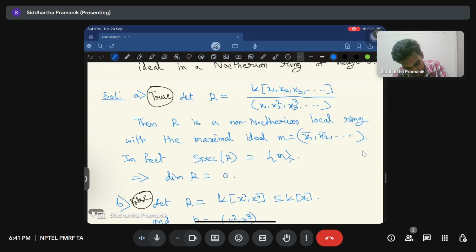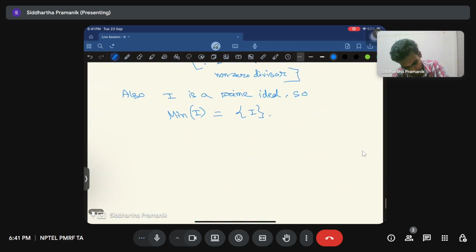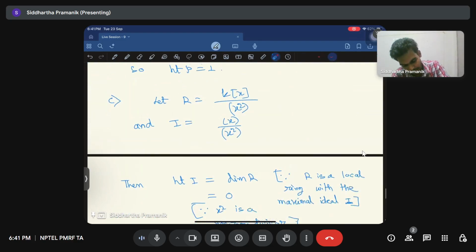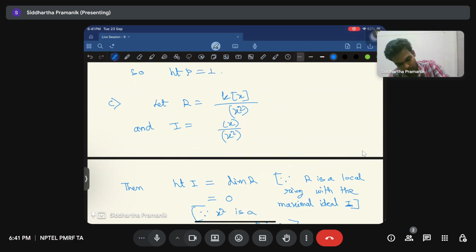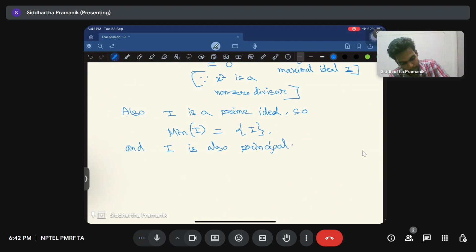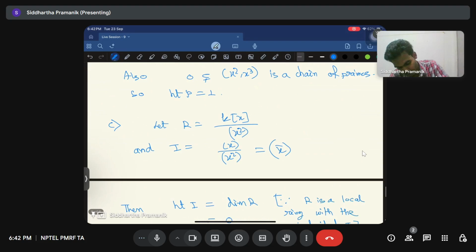And also it's a principal ideal because it is generated by x, so we can write it as x bar. And I is also principal. So the third statement is true.